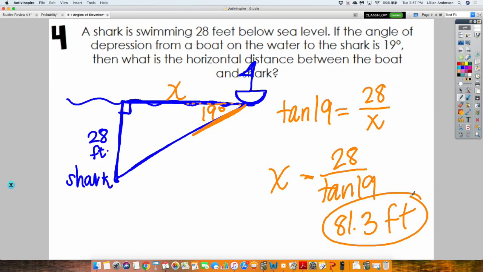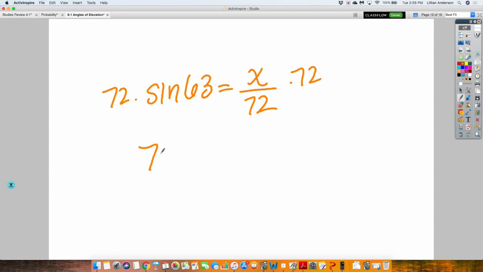Now, the one thing that you have yet to see, just want to make sure that you guys are good with, if it's set up like this, how do you solve for x? Multiply both sides by 72, so then it becomes 72 sine 63 equals x. How you type this into your calculator, you literally are working backwards.